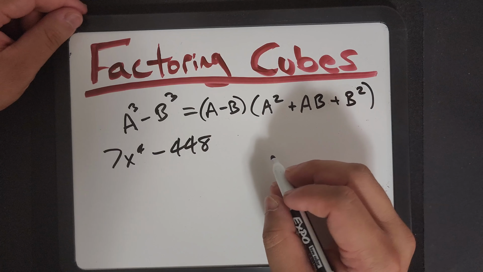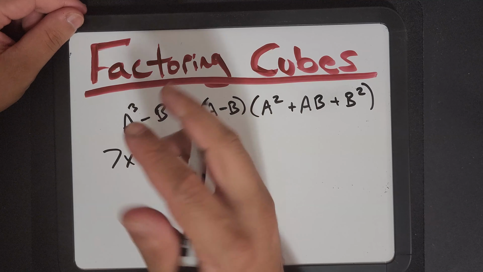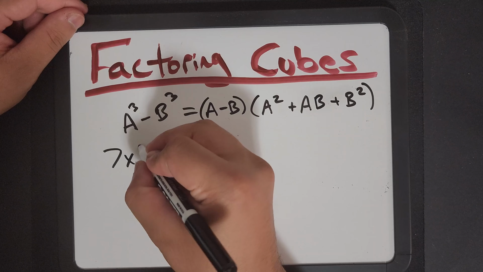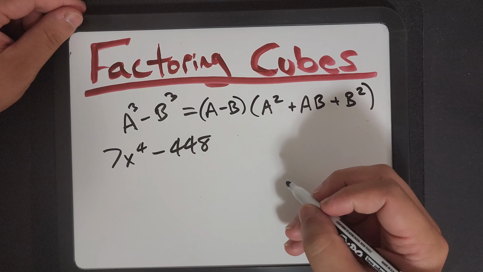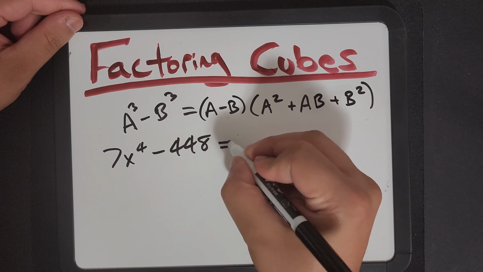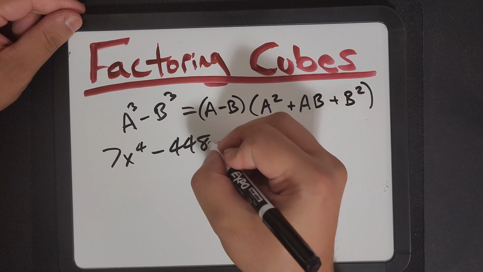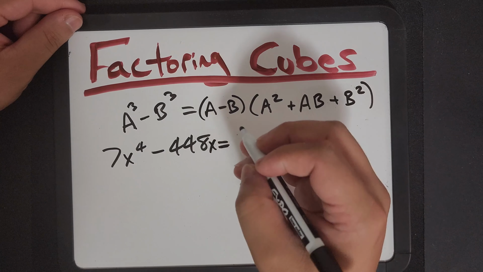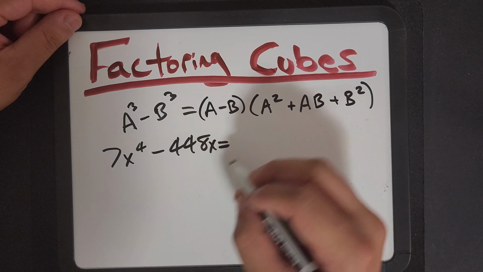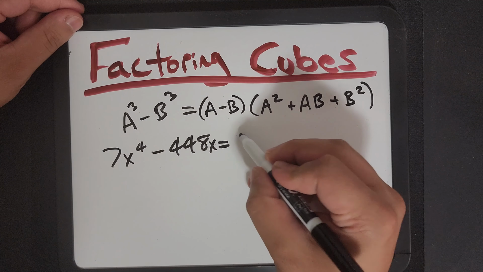Well, first thing we're going to do is address why this is to the power of 4 when I thought we were doing cubes. So let's factor out an x. Oh wait, I forgot an x here. So we are going to factor out an x, but not just an x, we can also factor out a 7.